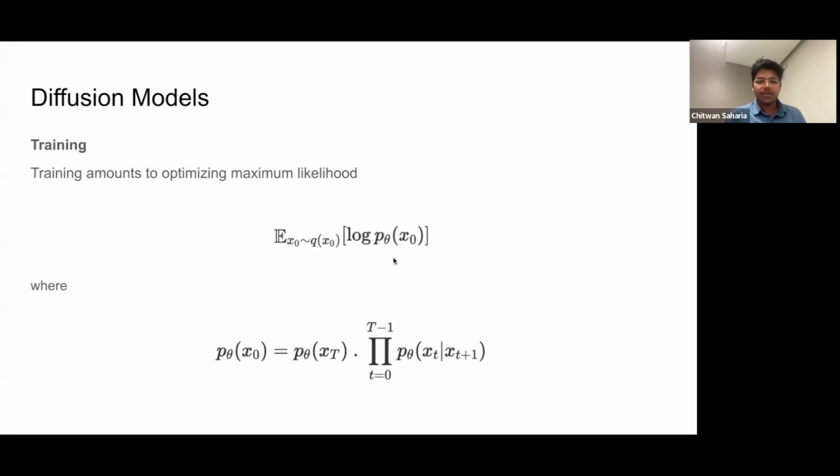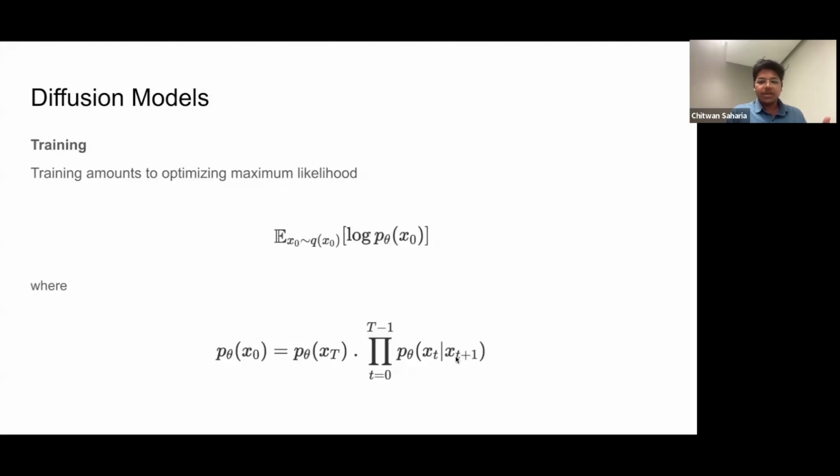The way we will optimize it is to sample a data point from the data distribution and compute the log likelihood under this probability distribution that we created, which can be broken down into these transition probabilities. And if we can compute this in closed form, if we can get a nice objective function out of it, we can just optimize theta to maximize this, and we would end up learning these transition functions.